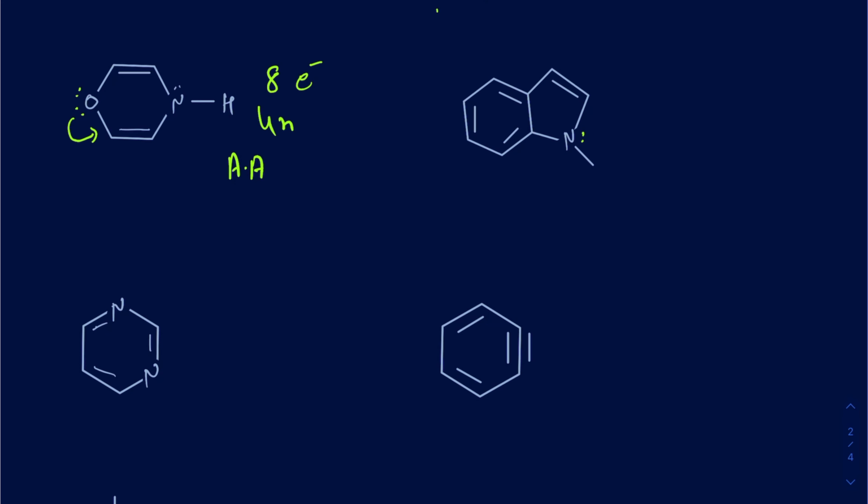So that means I could use this lone pair to create this whole ring fully conjugated. So when I do so, how many total electrons do I got now? I got 4 pi bonds and 1 lone pair, so that makes it a total of 10 electrons. So if it's 10 electrons, that means it's going to follow the 4n plus 2 rule, where n is technically going to be 2, and that makes it an aromatic compound.